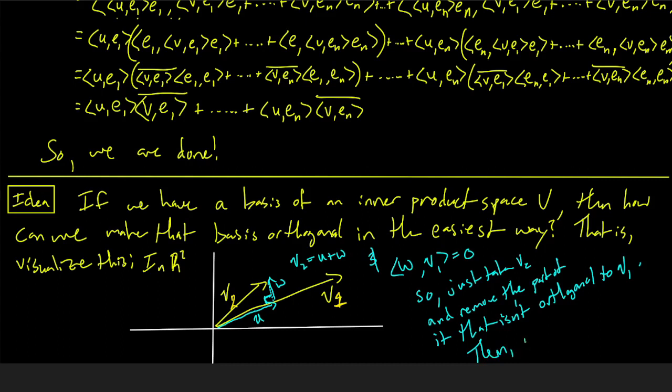Then normalize, i.e., replace V1 with V1 over norm V1 and W with W over norm W. Then I've got two vectors that are orthogonal.